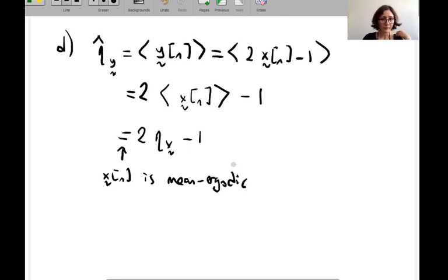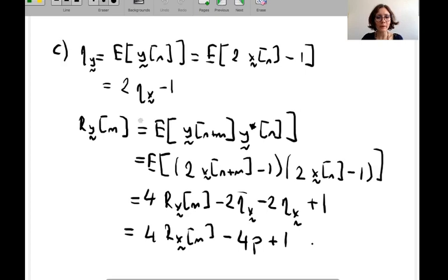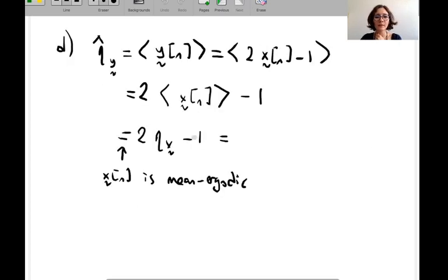So 2 eta x minus 1, this is the time average of the mean of y. But if you compare it to the true value of the mean function of y, it's also the same, 2 eta x minus 1. So these two are equal. So since the equality holds, we conclude that y of n is also mean ergodic, just like x.